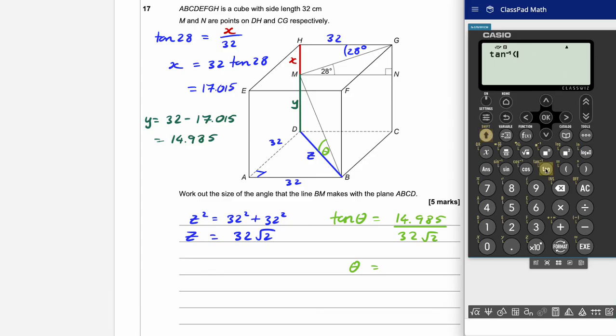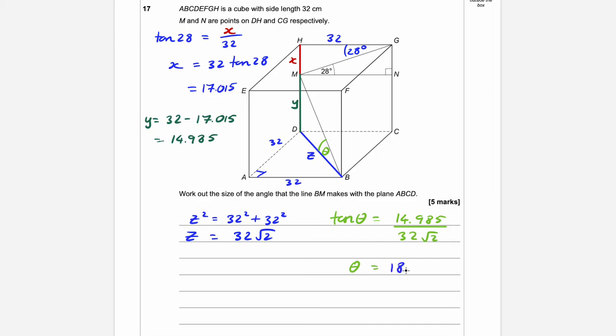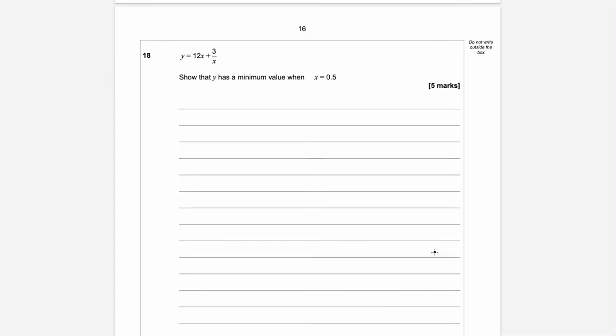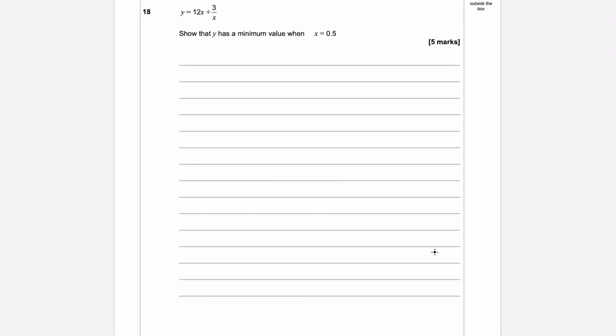So I'm going to do inverse tan fraction 14.985 over 32 root 2. I feel, guys, this has to be right. 18.32. So I get 18.32 degrees, and that is right. Okay, difficult enough question, guys. That is question 17.